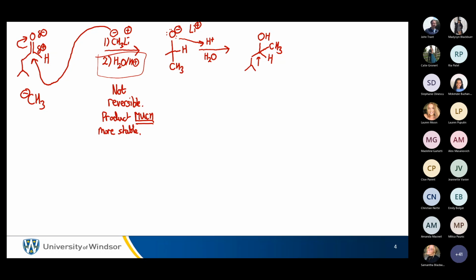It doesn't change anything we've just drawn. Does anyone think it's not a stereocenter? I can feel almost the relief going, this is a question I know. It is, right? You're attached to 4 different things.